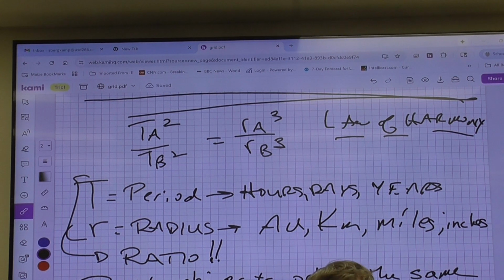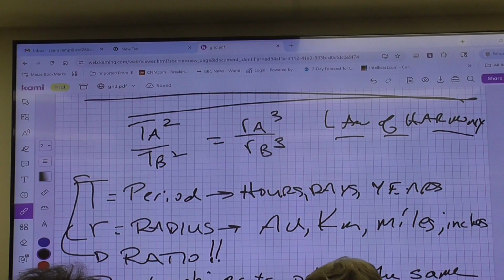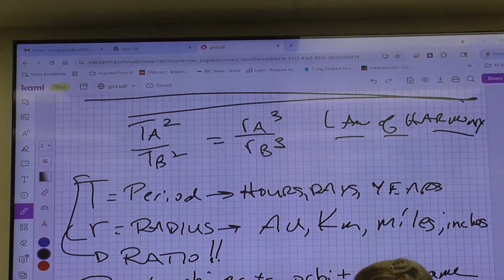But we could not compare our moon, which orbits the Earth, to a Galilean moon, which orbits Jupiter, even though they're both moons, like Io, Callisto, whatever. I could not use Kepler's laws on them because they don't orbit the same center. It works great, it's beautiful, but there are limitations to what you can do.